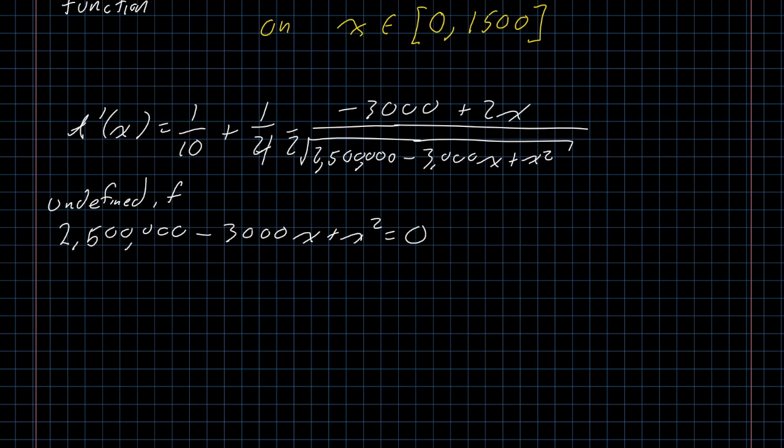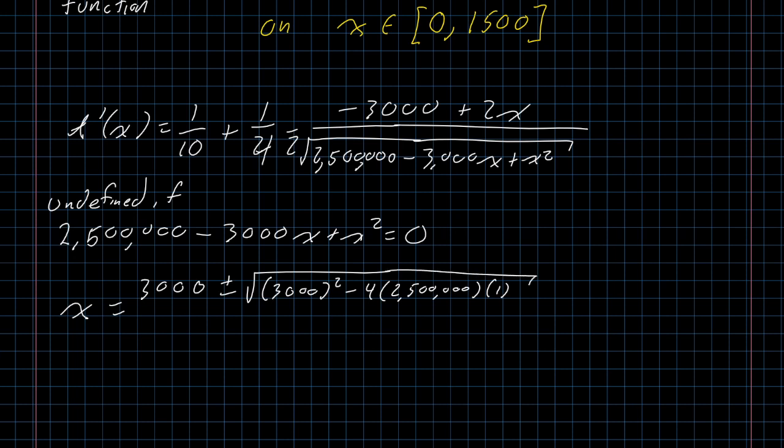All right, I don't want to try to do this by factoring, so I'm going to jump right into the quadratic formula. x equals 3,000 plus or minus the square root of 3,000 squared minus 4 times 2.5 million times 1, all over 2 times 1.